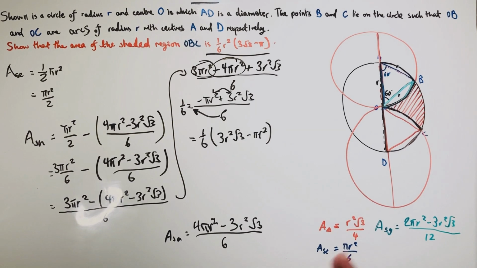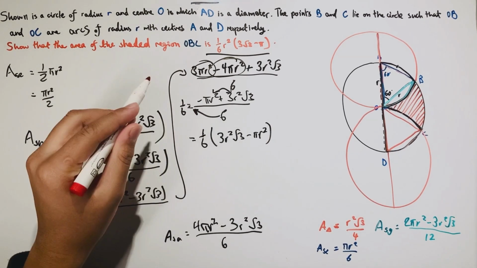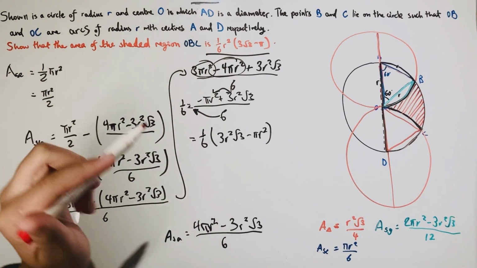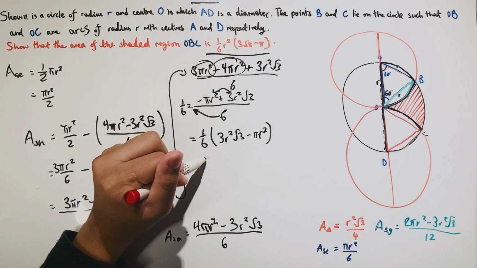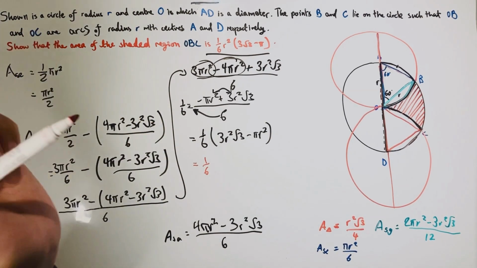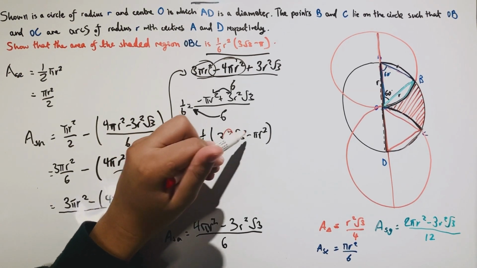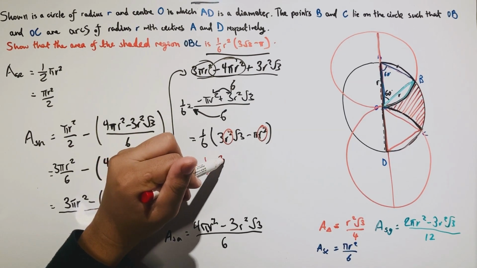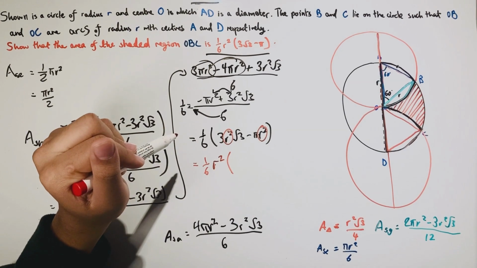Now we're going to do this last bit in red. You can see they've also got a factor of r squared taken out of the expression, so we're going to do exactly that. We already got 1 over 6 taken out as a factor, but we do have an r squared in both of the terms, so we can take an r squared out. Like so.